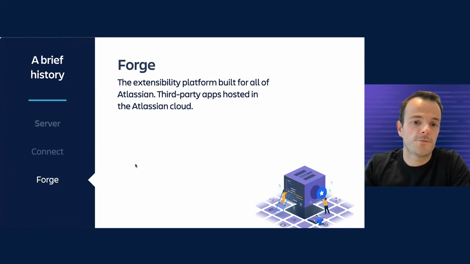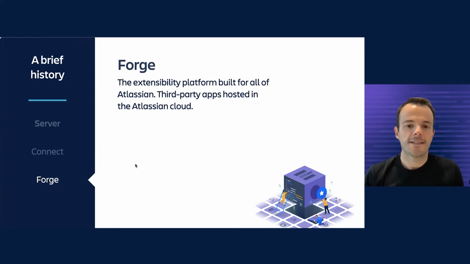And it also addresses some of those fundamental pain points in Connect around performance and the high cost of getting started. So because Forge is hosted in the Atlassian cloud, it means your app is a lot closer to our products and that code, and it also reduces the cost of getting started because we do all the hosting for you.